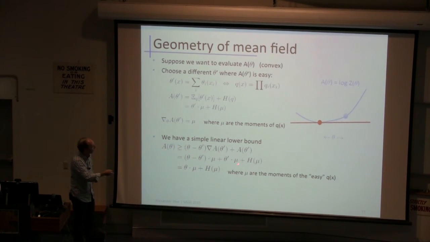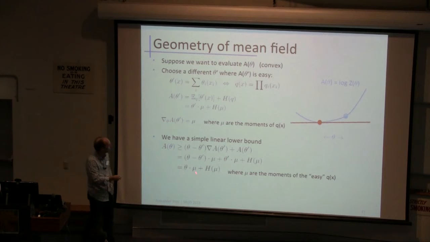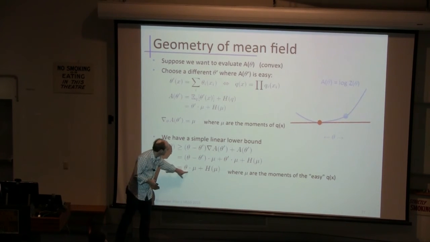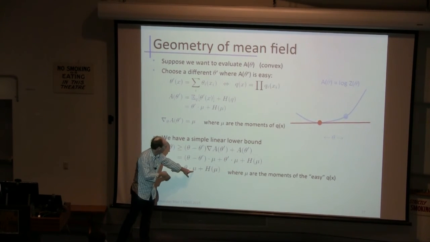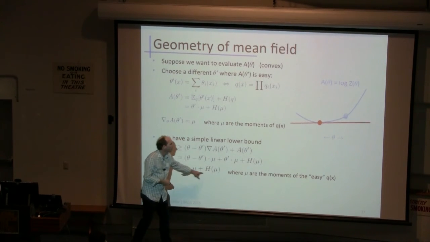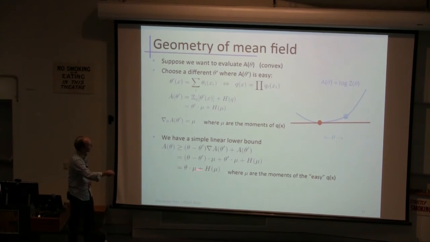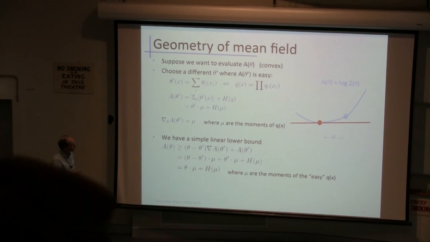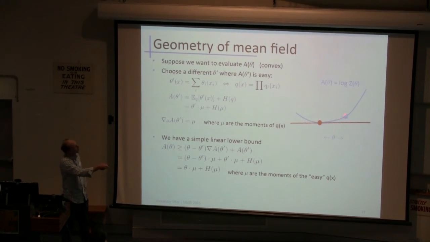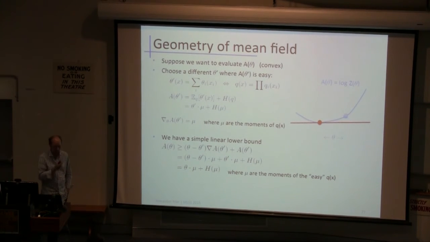And if you just follow that through, you find it's exactly the expectation under your model theta prime plus the entropy of theta prime. So these are the moments of the easy distribution. Okay, so this gives you another viewpoint of why mean field is a lower bound. We're doing a linear approximation of our partition function.